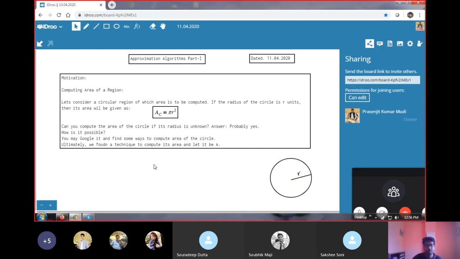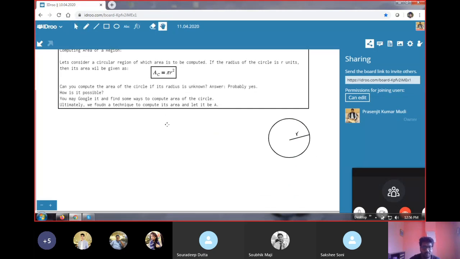So ultimately we can find the area of the circle.